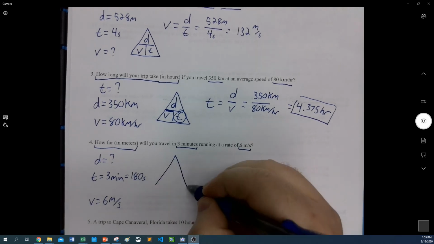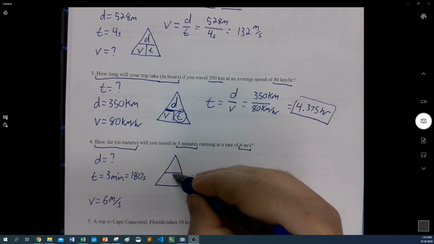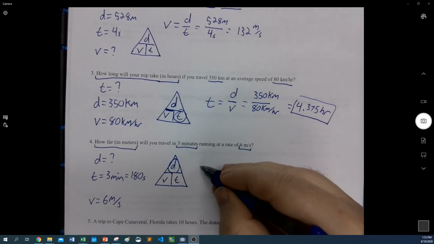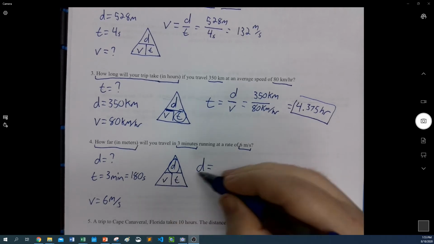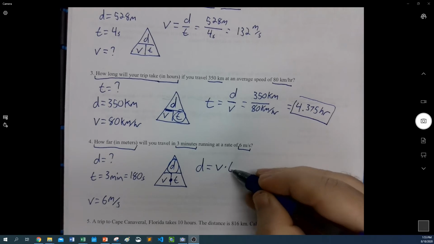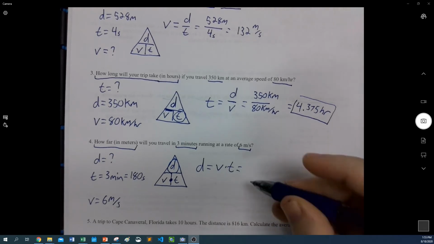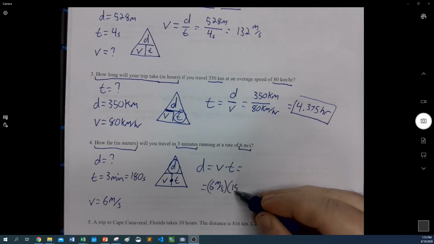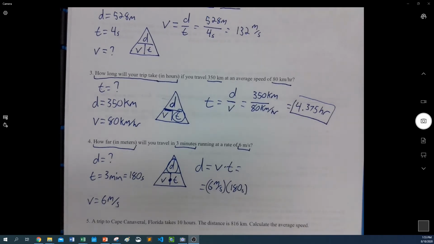So we make our triangle. We are looking for a distance. So distance is going to be equal to speed times time. That would be 6 meters per second times a time of 180 seconds.